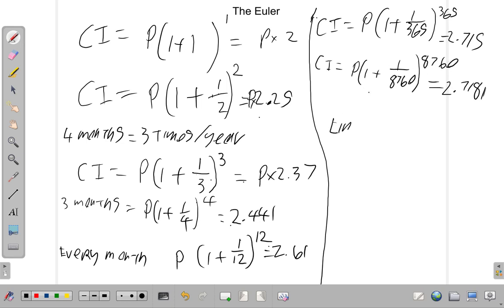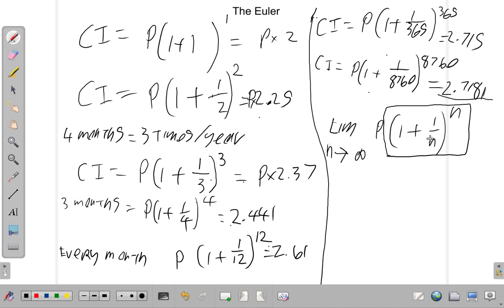What you're looking at is the limit as, say, n approaches infinity of p times 1 plus 1 over n to the power of n. Now, p will be multiplied by this, and the Euler number is actually this number.